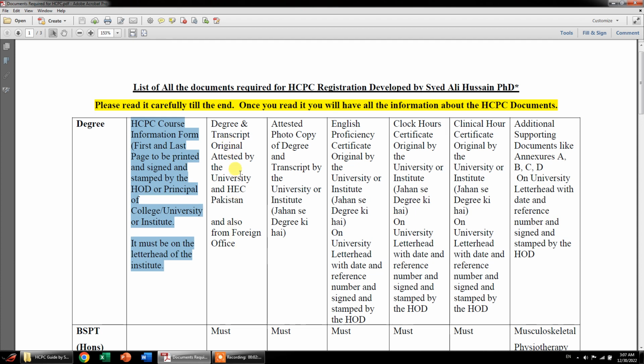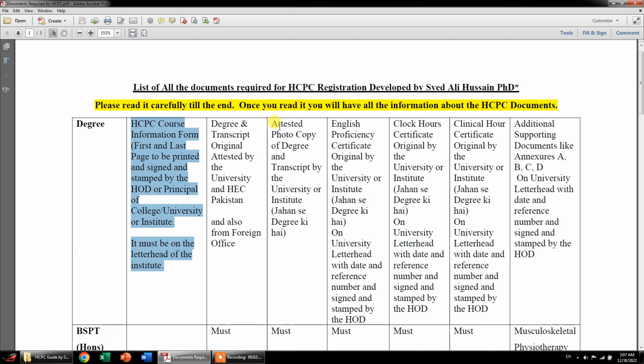The second thing is that you need to make attested photocopies of degree and transcript by the university or institute where you have done your degree. After this process, you must make a photocopy of your degree and transcript. Let's say if you are applying using the BS or the DPT, then the copies of the DPT degree and transcript.